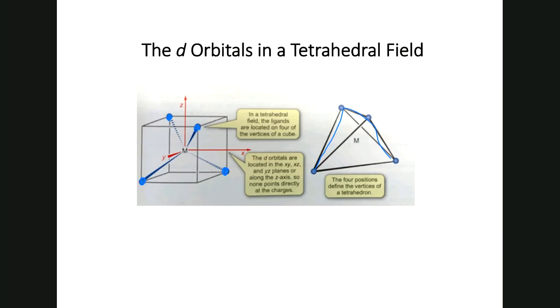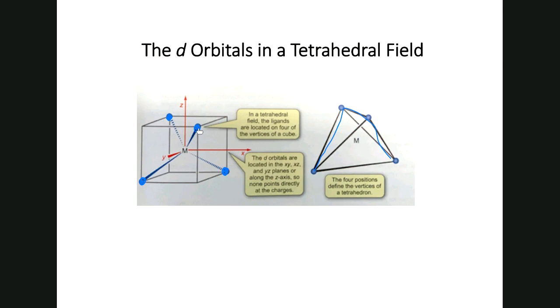Note now that if I look at where my X and my Y and my Z axes are, there are no ligands directly on the Z axis, the Y axis, or the X axis, and my ligands actually lie in between those different axes, right? It lies in between the X and the Y, but not directly in between.